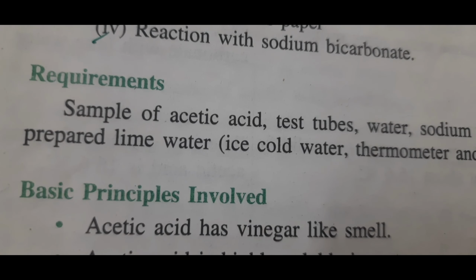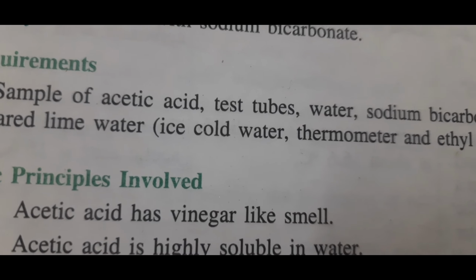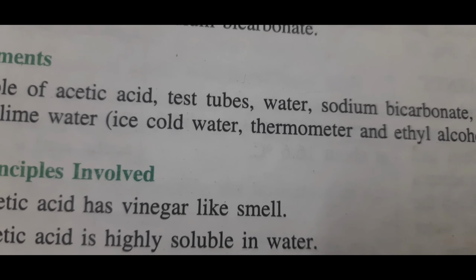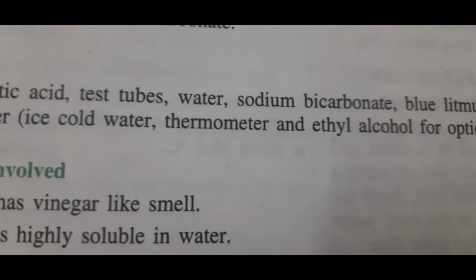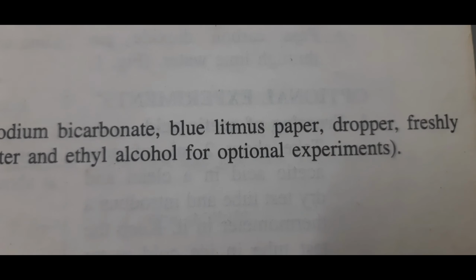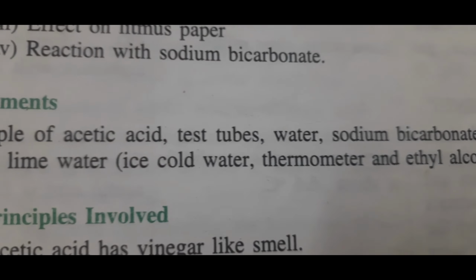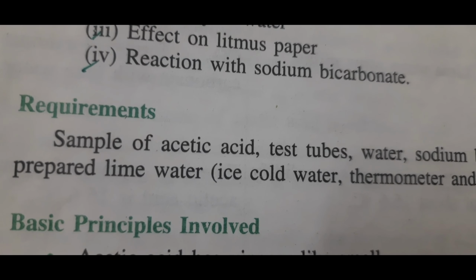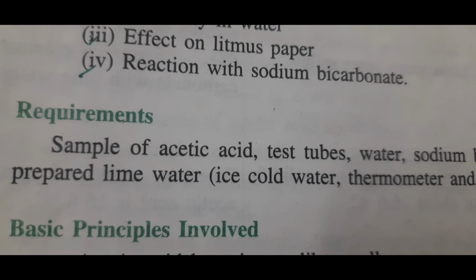Sample of acetic acid, test tubes, water, sodium bicarbonate, blue litmus paper, dropper, freshly prepared lime water. And in the bracket, ice cold water is written, no need to write that. You can write till prepared lime water.